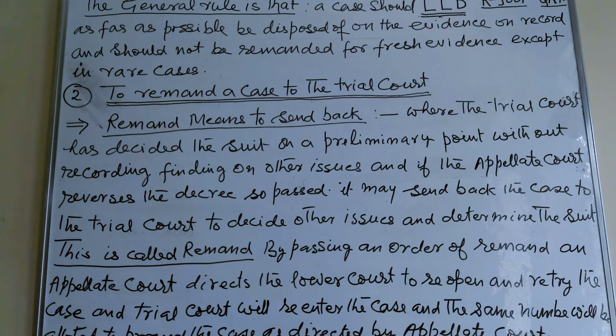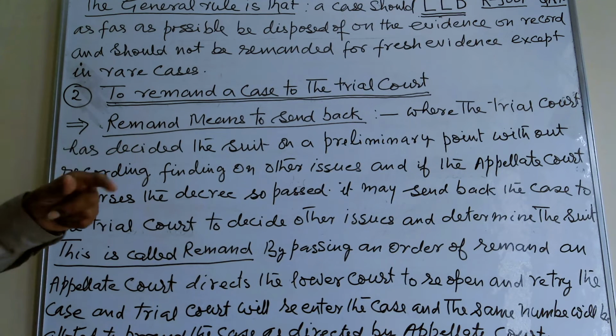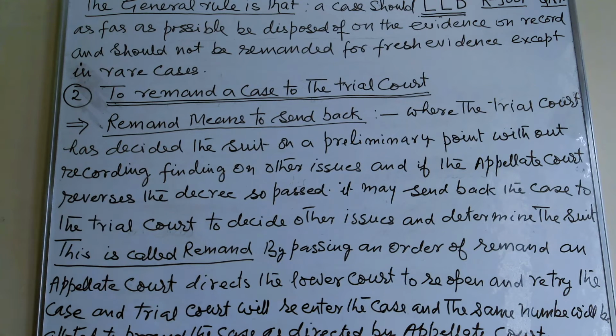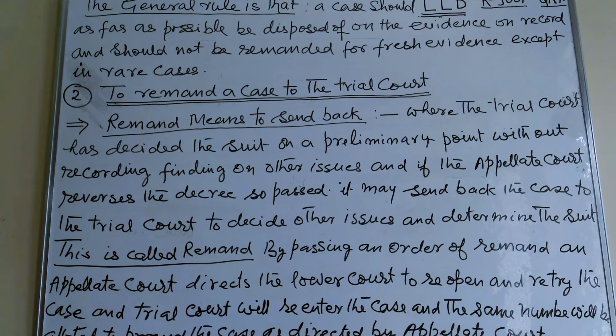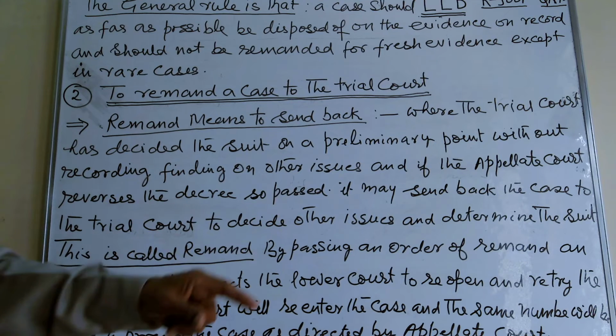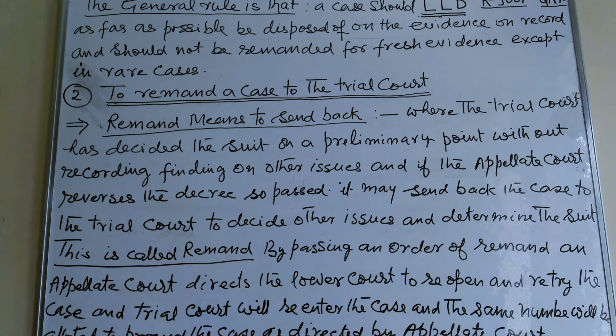A case can be sent back where the trial court has decided the suit on a preliminary point without recording findings on other issues. If the appellate court reverses the decree so passed, it may send back the case to the trial court to decide other issues and determine the suit. This is called remand.